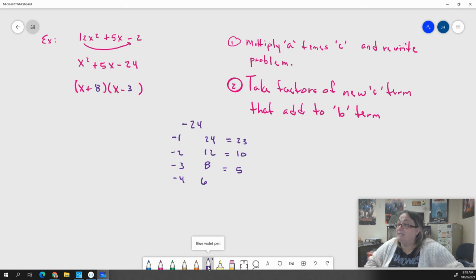But I am not done yet. Now I'm going to have to put that 12 back in, or I should say divide it back out, right? I multiplied it. Now I have to divide the 12 back out.